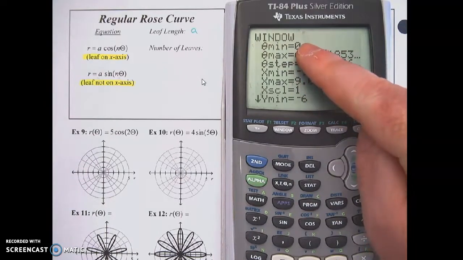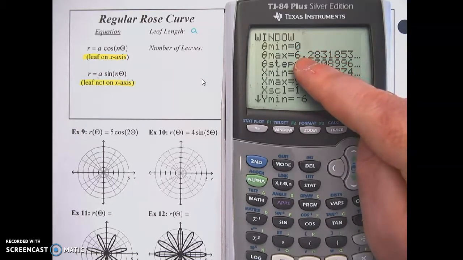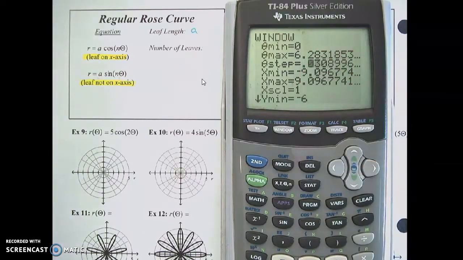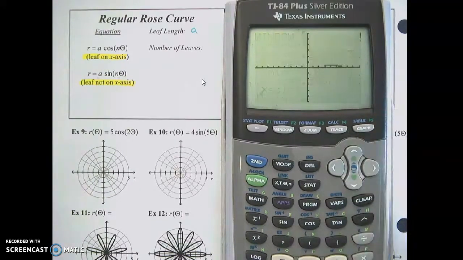So for instance, if you think of this in terms of time, this is going to start taking a picture at 0 seconds. It's going to take pictures for about 6 seconds, and it's going to take a picture every 0.1 second. So the smaller I make this value, the more accurate my graph is going to be because it's taking more and more and more pictures.